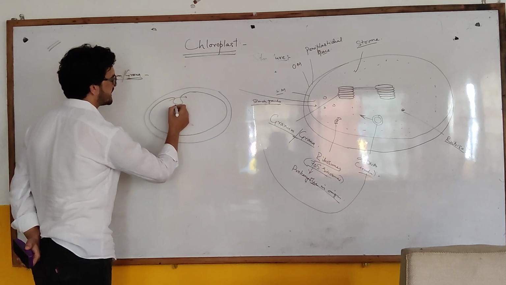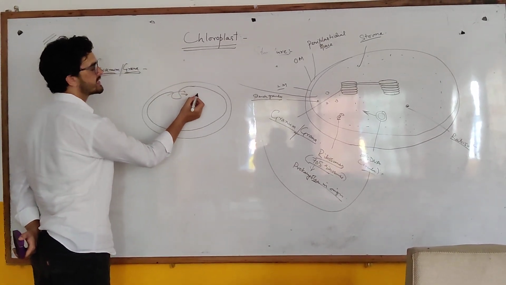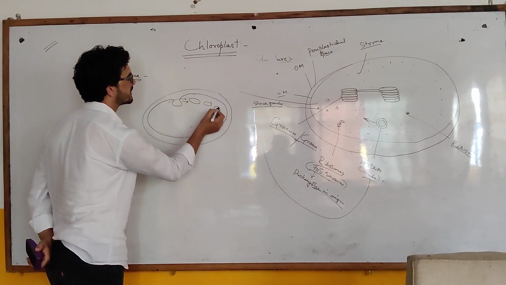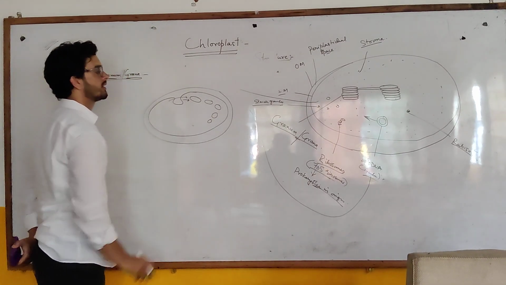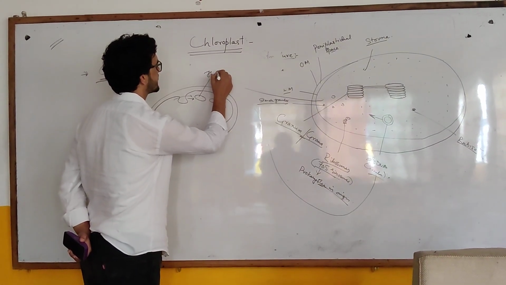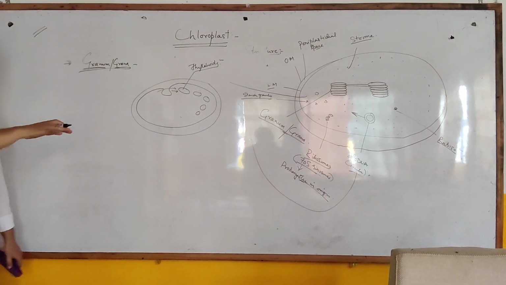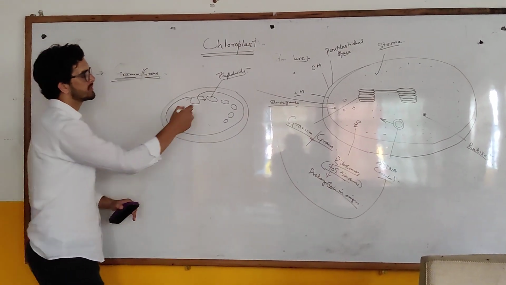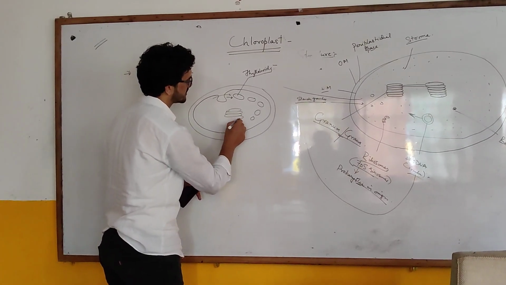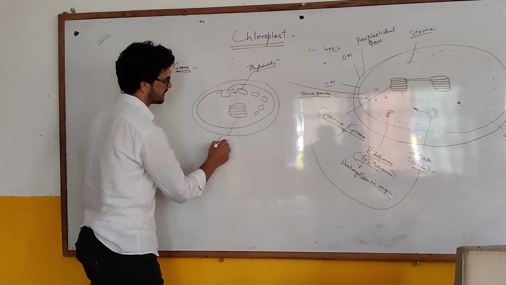Invagination of the inner membrane of the chloroplast occurs, infolding occurs, and due to this vesicle-like structures get formed, and these vesicle structures are known as thylakoids. And when these thylakoids get stacked over one another, they form structures called granum. Fine? They form the granum.